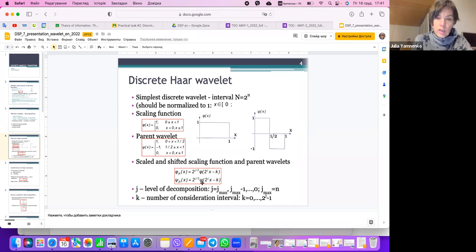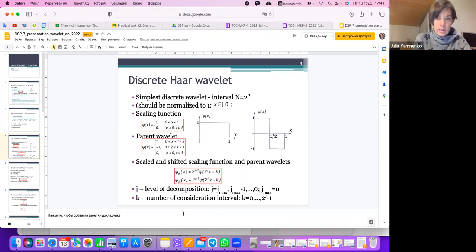And also we are using here two variables. First one is J and second one is K. We will consider these two variables as two counters.